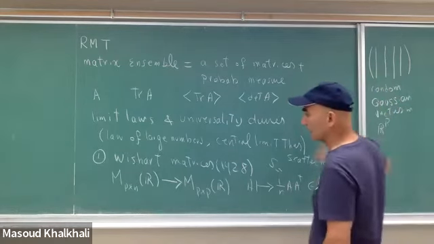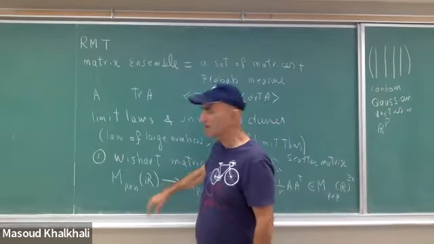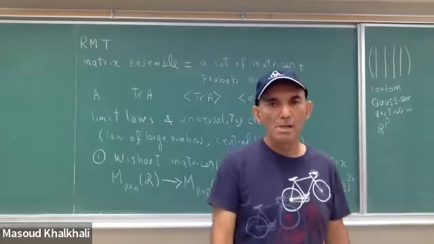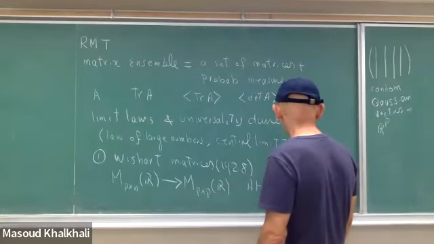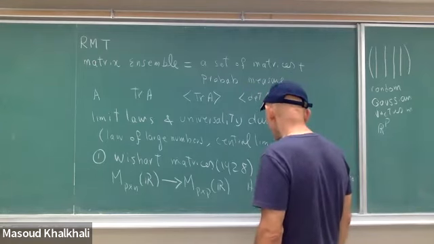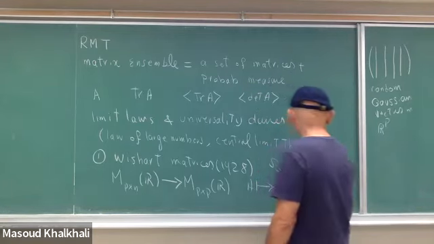So that fixes a probability measure here, which is essentially built out of Gaussian measure. And then you have this matrix.